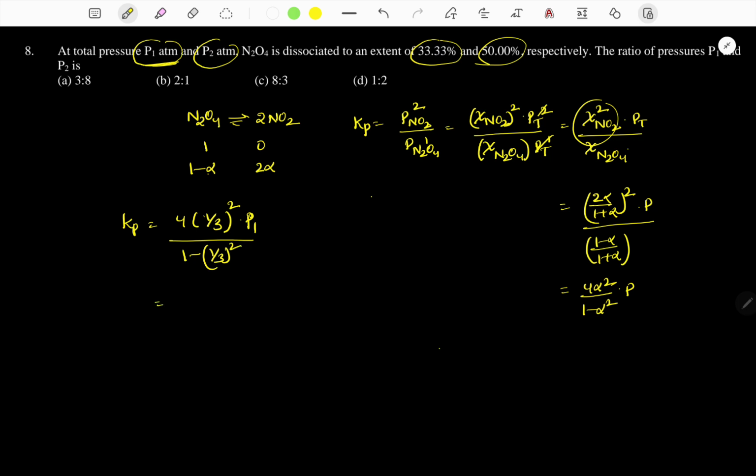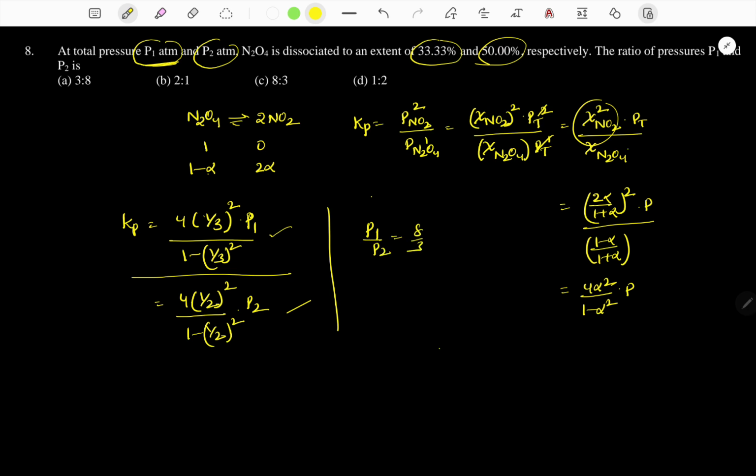And again for the P2 condition, 4 into 50%, that means 1 by 2, whole square, upon 1 minus 1 by 2 whole square, into total pressure P2. So in the P1 condition the equilibrium constant and in the P2 condition the equilibrium constant are both the same. By taking the ratio, we get the corresponding value P1 upon P2, and the value is 8 by 3.